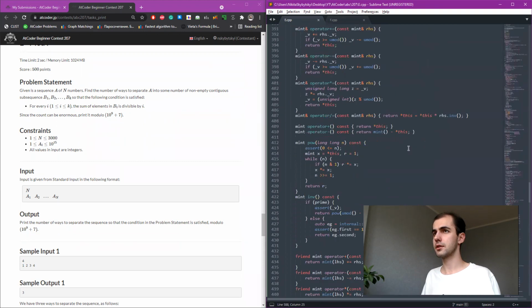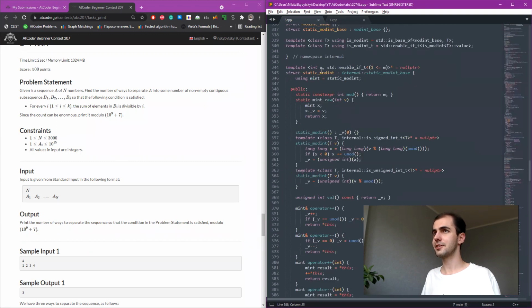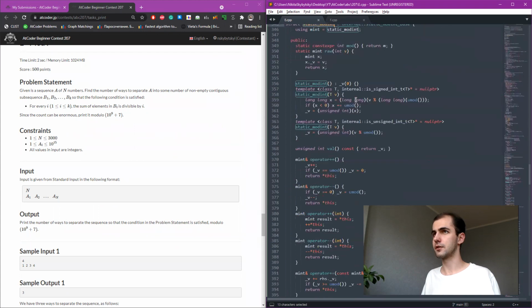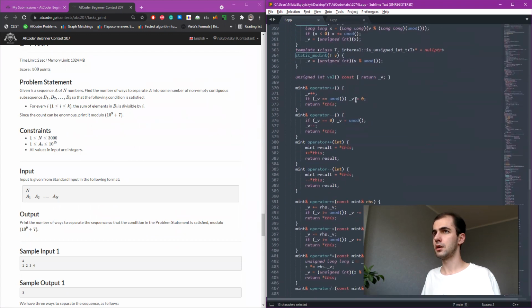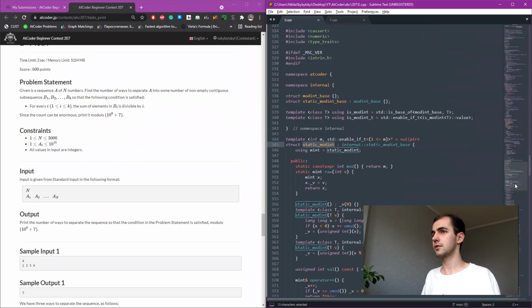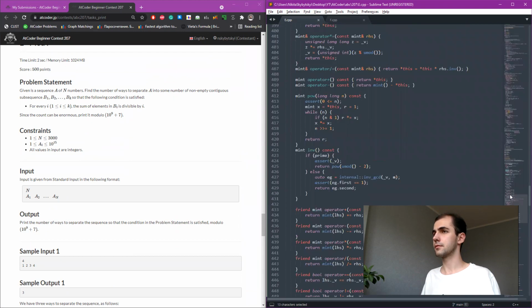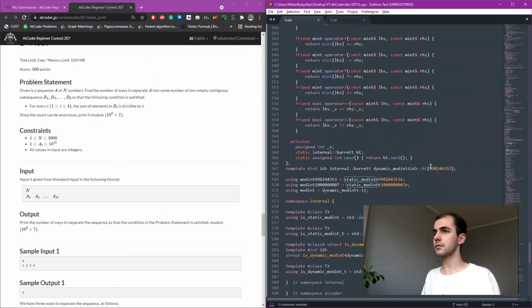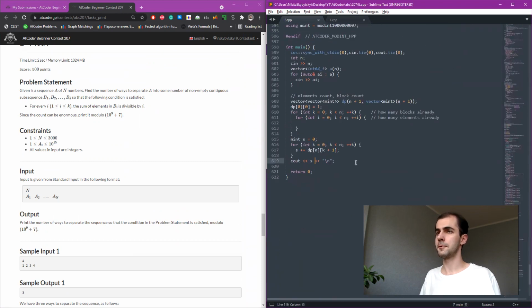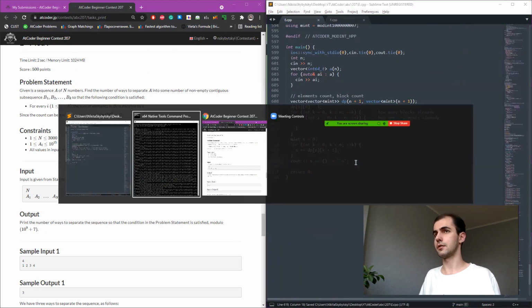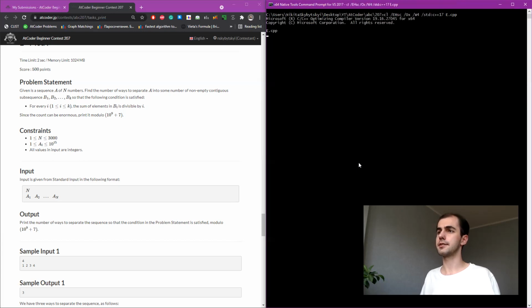How do you... there is static mod in traits, so, wait. Oh, you just get the value? Okay. You want to call value of that. Not nice. But I imagine that you have to do it.